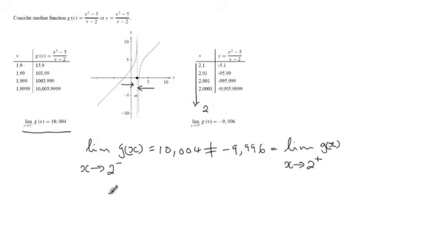Now when we've got this kind of situation, that's when we say, therefore, the limit of g of x as x approaches 2 does not exist.